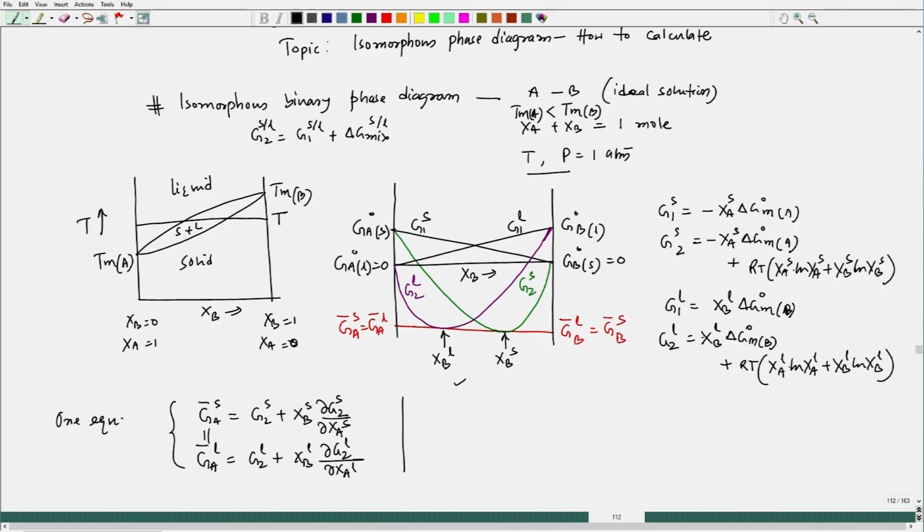This will give me one equation. The other one would be from Gb bar solid should be equal to Gb liquid would be equal to.